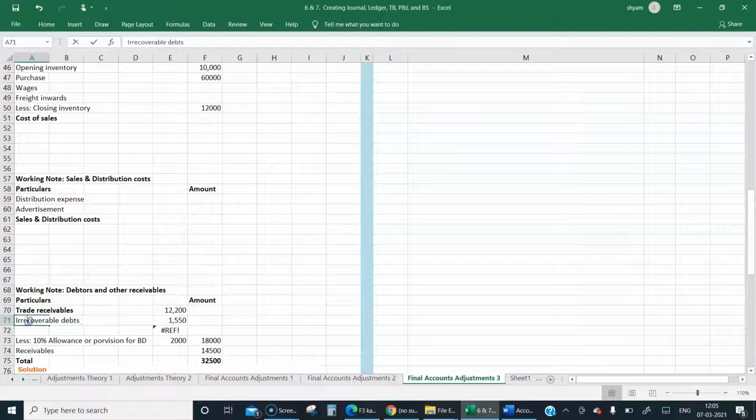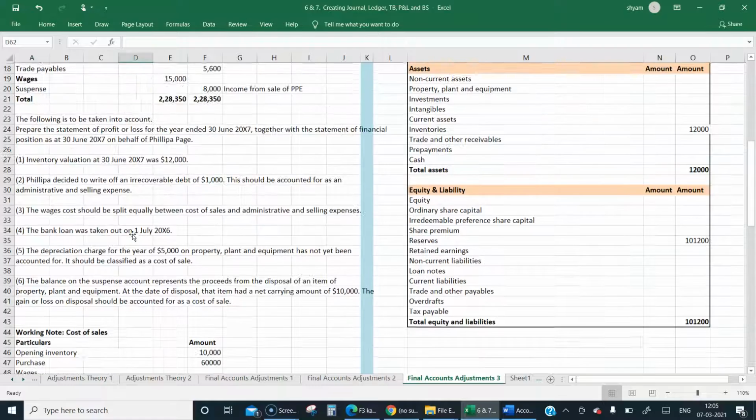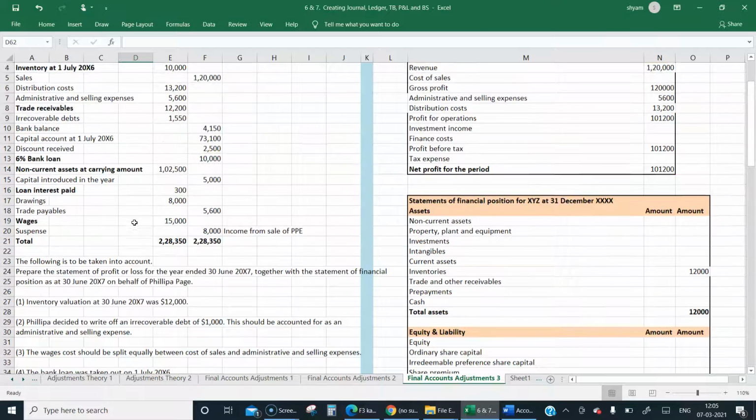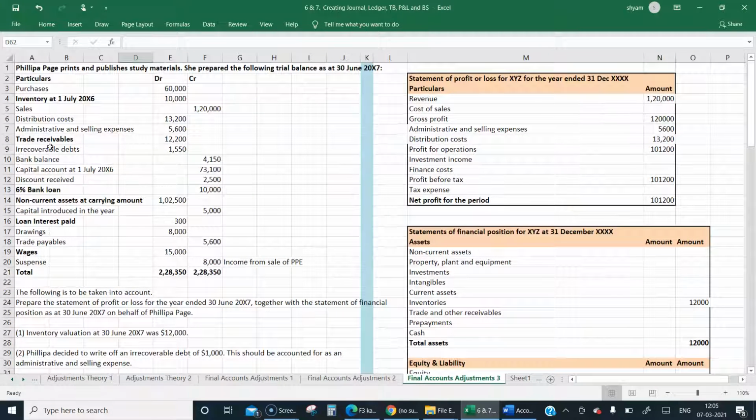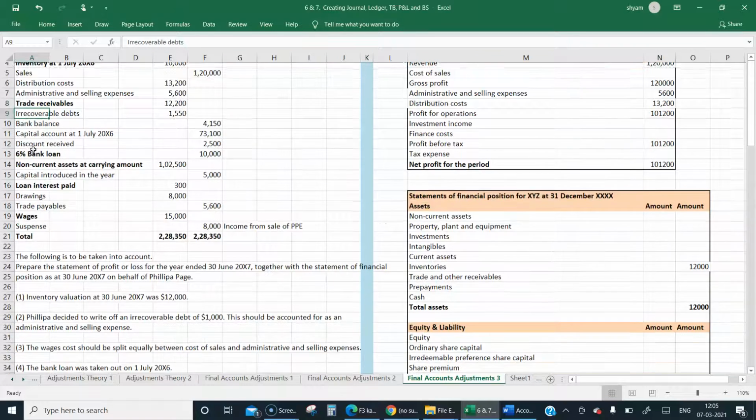Irrecoverable debts is there. Irrecoverable debts is nothing but bad debts.